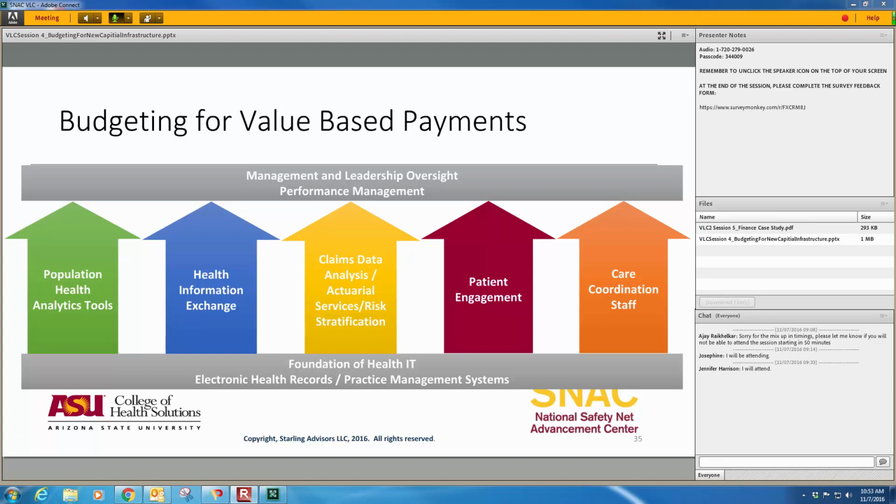The second is functioning and compatible health information exchange that will really inform the process of care management and data exchange. The yellow arrow represents this new bucket of skills that we need, which relies on claims data analysis, actuarial services, and risk stratification.